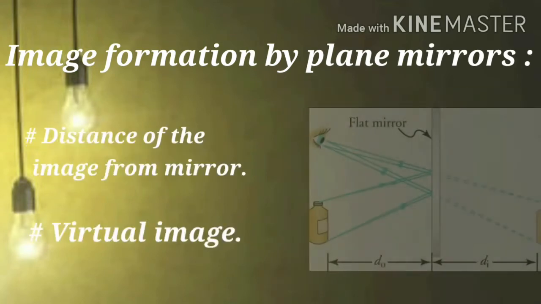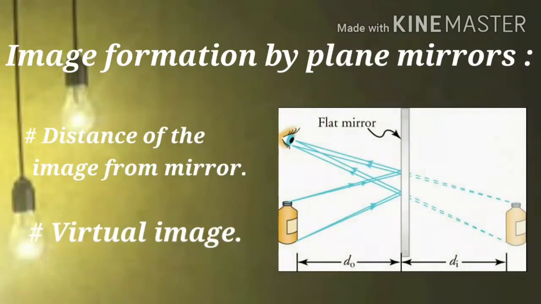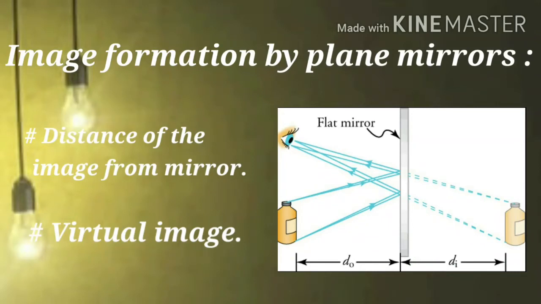The next characteristic of the image formed by a plane mirror is the distance of the image from the mirror. Students, the distance of the image from the mirror is equal to the distance of the object from the mirror.